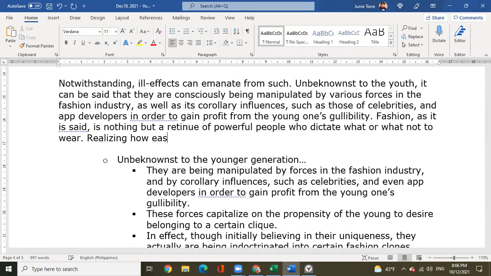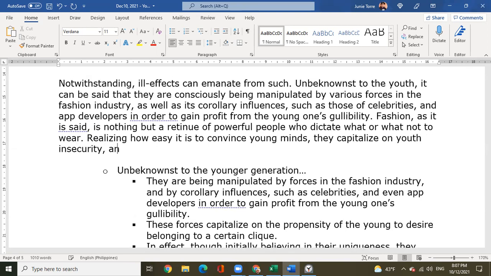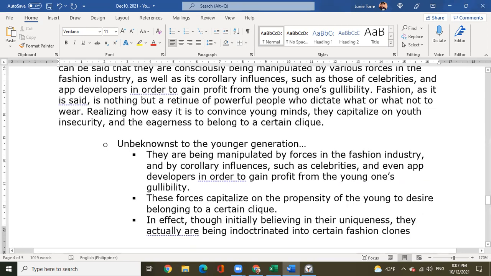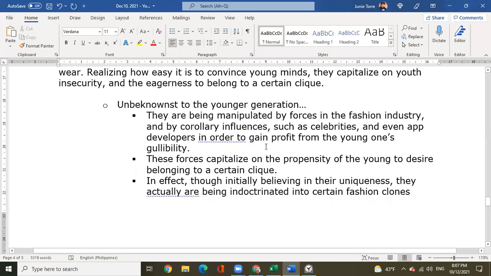Realizing how easy it is to convince young minds, they capitalize on youth insecurity and the eagerness to belong to a certain clique. There. Then we're now going.